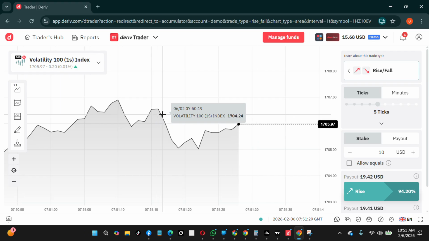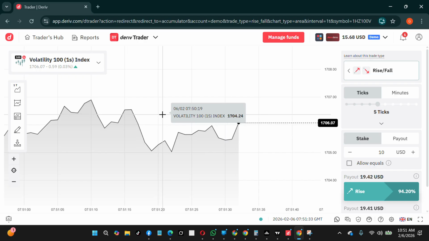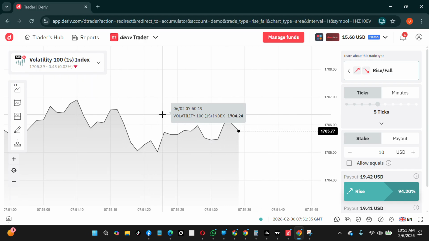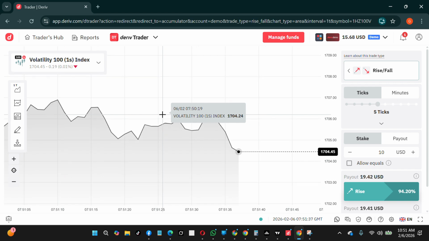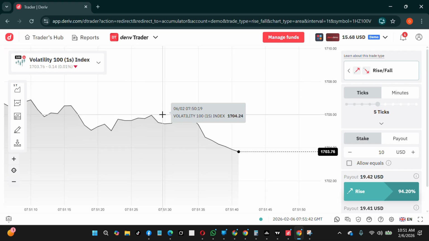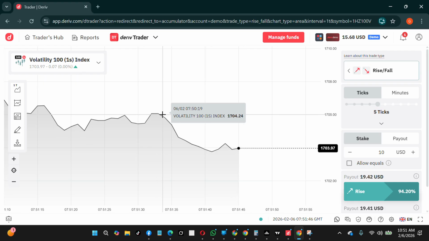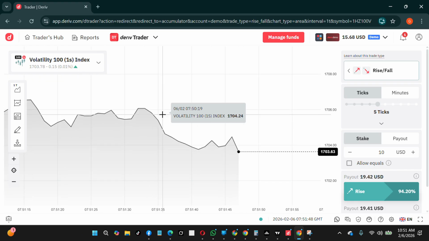The buyers push the market up. So whenever you see a green candlestick, just know that the market is going up and the buyers are in control. And whenever a candlestick is red, just know that the market is heading downward and the sellers are in control.